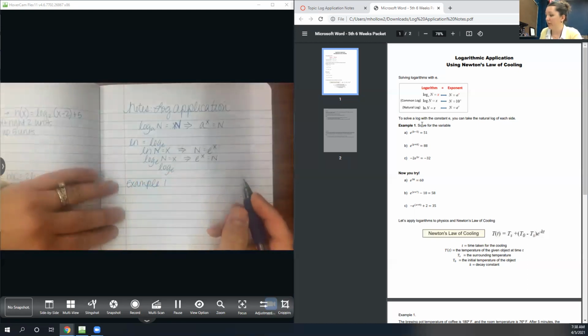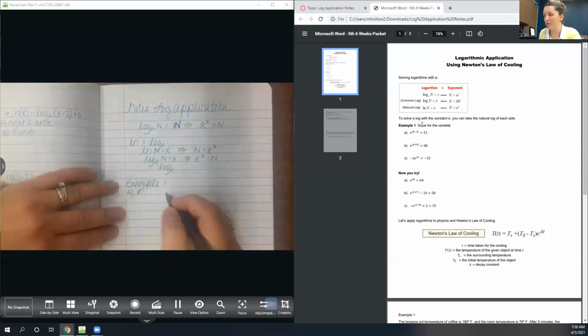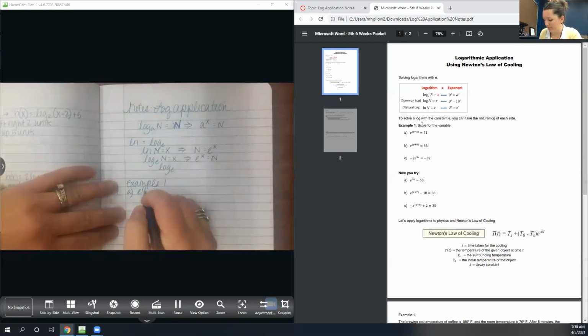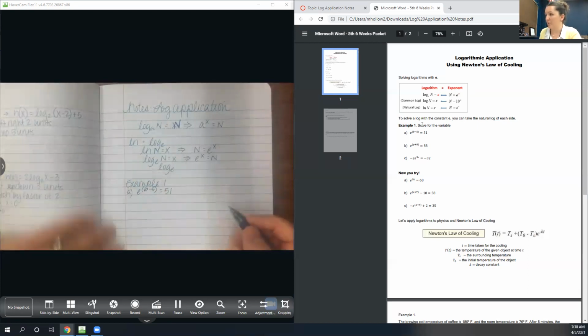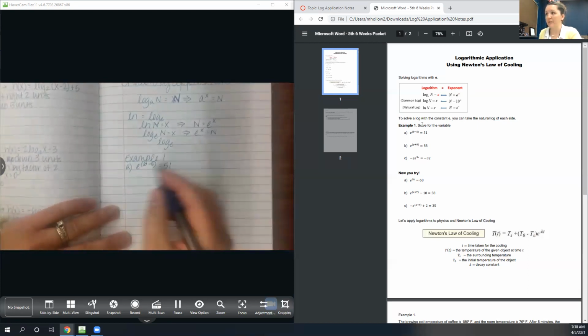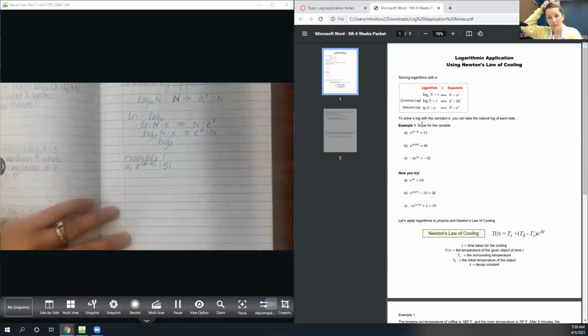Example 1, part a: e to the b minus 5 equals 51. We're going to solve this by taking the natural log of both sides. When I take the natural log of both sides, it actually cancels that e value out.